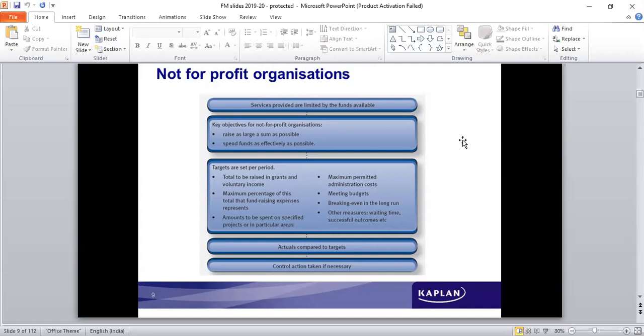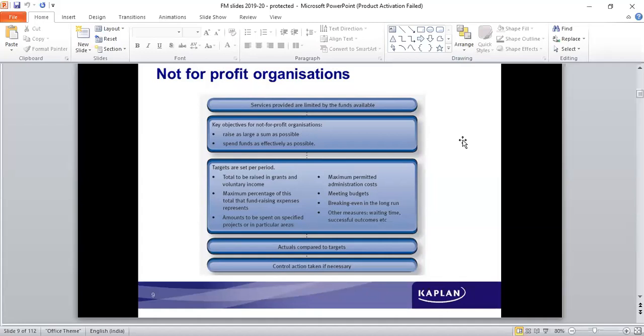Reasons can be looked into and rectified, to ensure that in the next period they can earn that profit. So measurement of performance in the case of profit organizations is easy, because their performance is evaluated in terms of the amount of profit made.